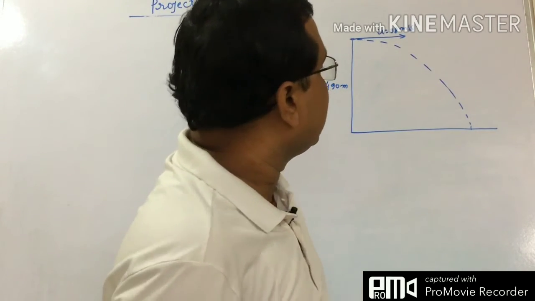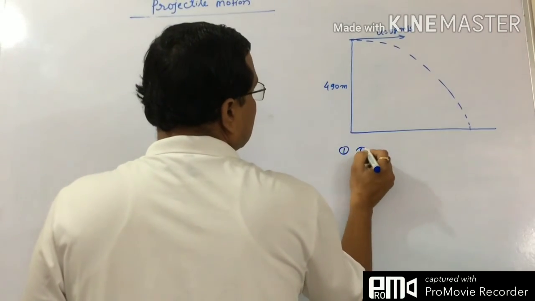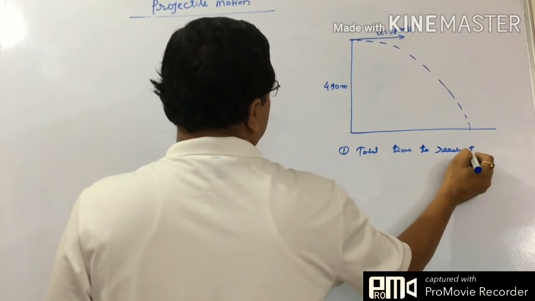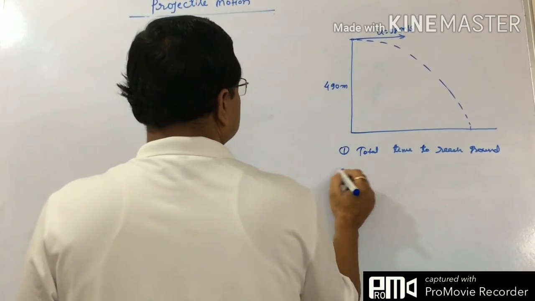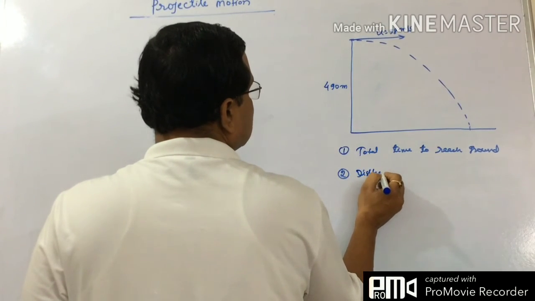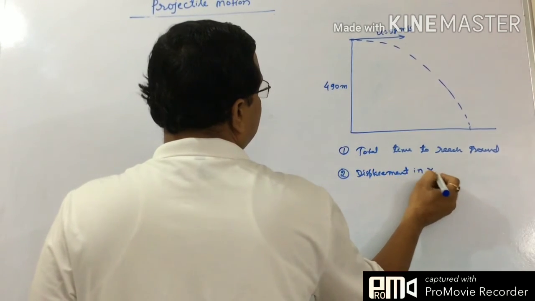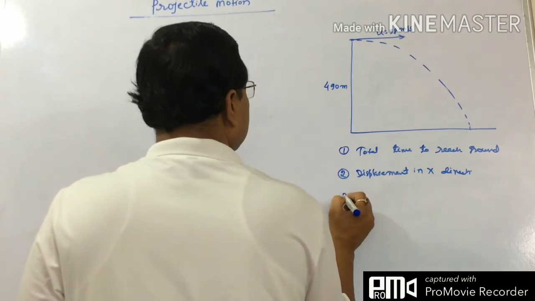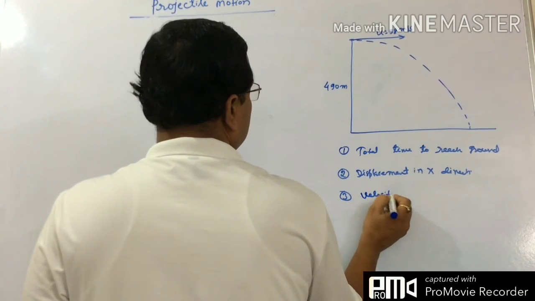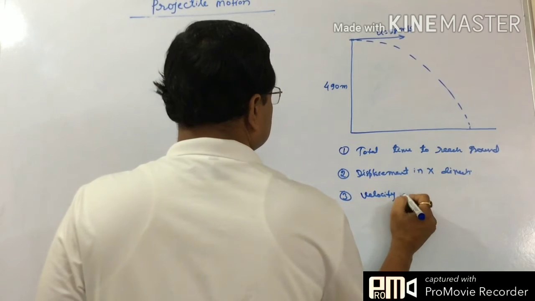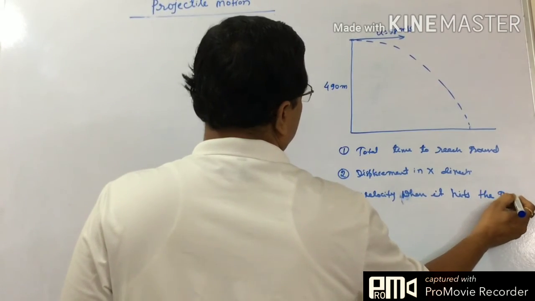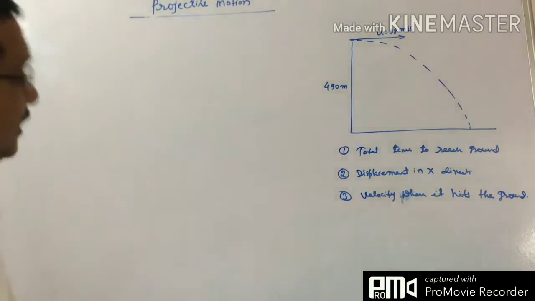Find, first, the total time taken to reach the ground; second, the displacement in x direction; and the third one, the velocity when it hits the ground. These three things we have to find out.